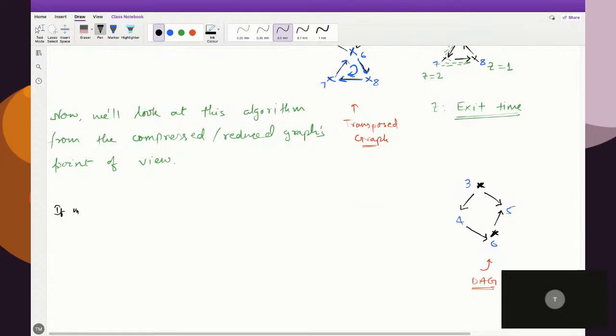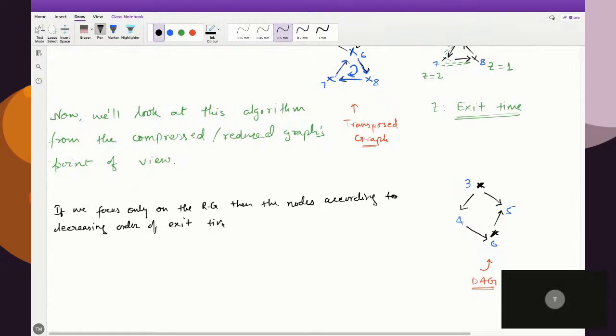If we focus only on the reduced graph, then the nodes according to decreasing order of exit time give you the topological ordering, right?